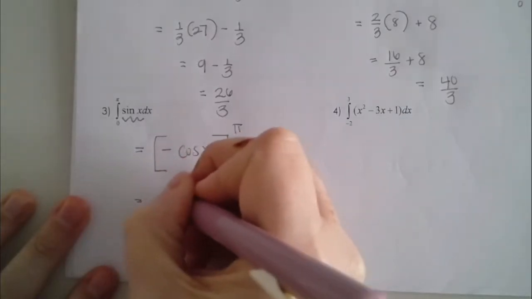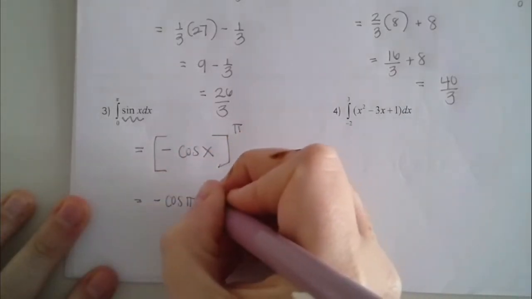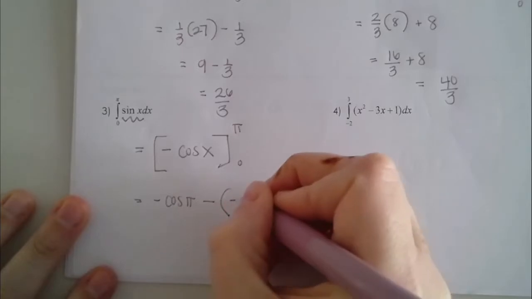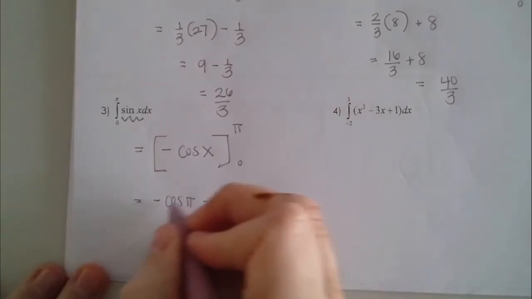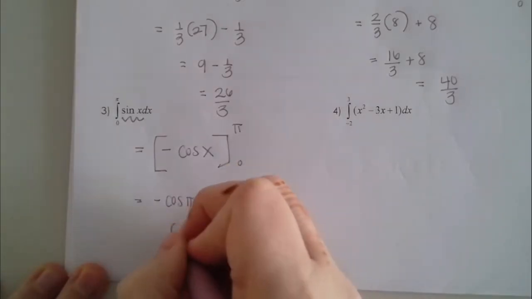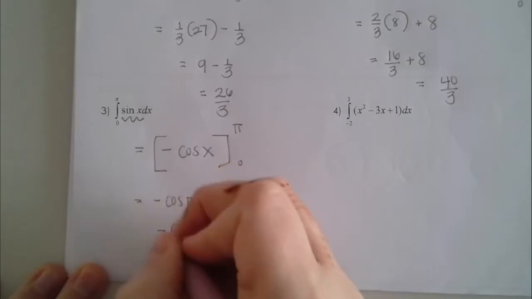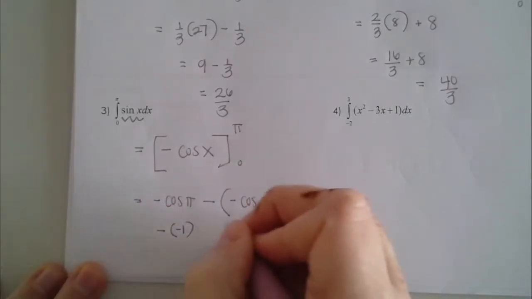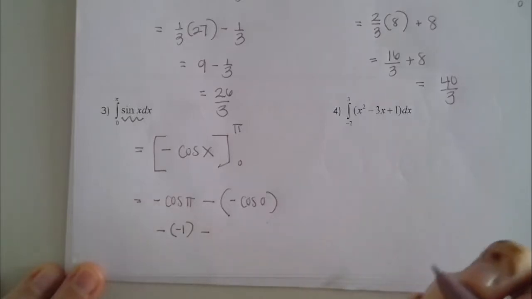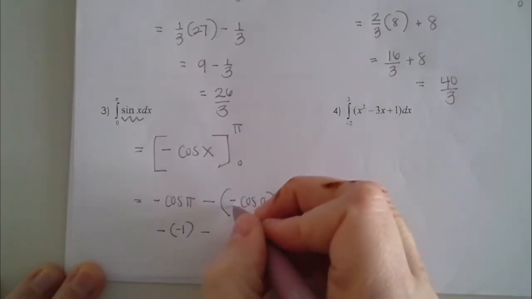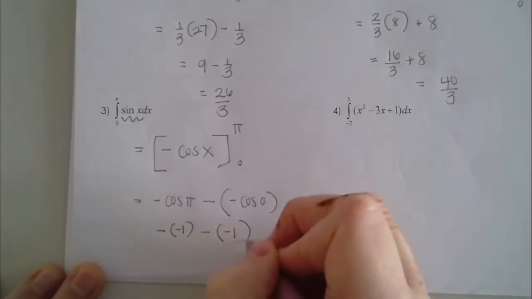So negative cosine of pi minus a negative cosine of 0. Unit circle. The cosine of pi is really -1, so what we have is a negative -1 minus the cosine of 0. Cosine of 0 is 1, but we have that negative right there, so we have -1 right there.